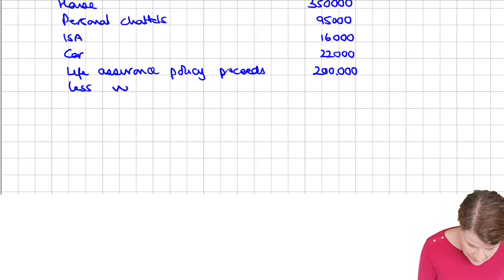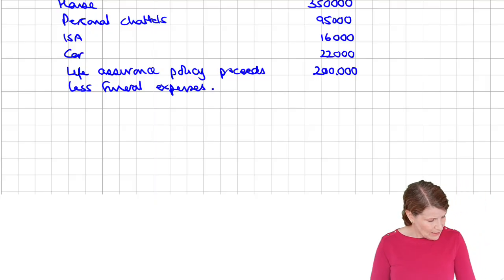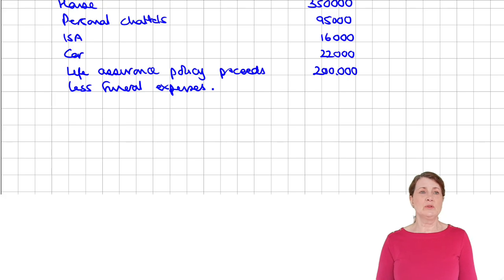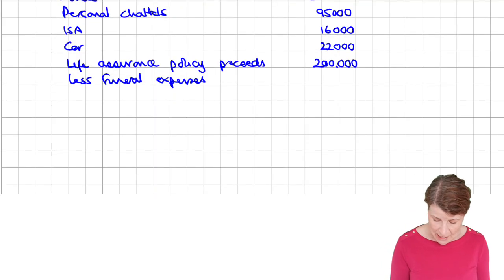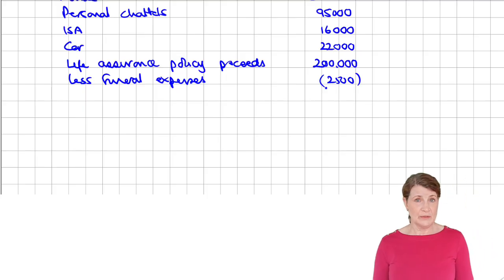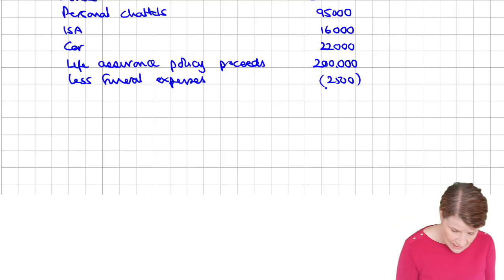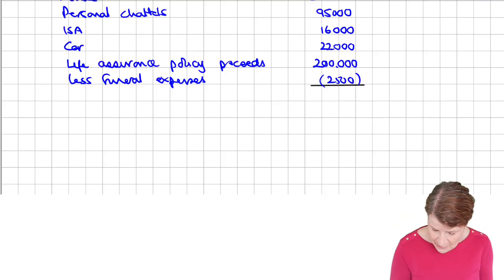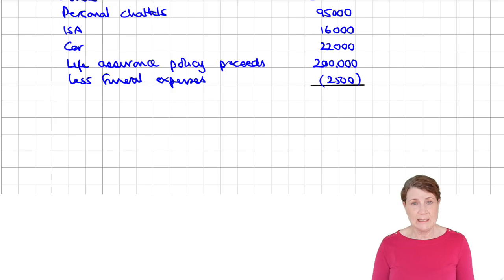So less funeral expenses. We can assume that that's reasonable. Reasonable is according to your station in life. So for example, when the Queen died a few years ago, you can imagine that her funeral cost a hell of a lot more than £2,500, probably several million. But it does depend on your station in life. In this case, we can assume that 2.5 is actually quite cheap for a funeral these days. And that gives us a figure so far of 680,500.